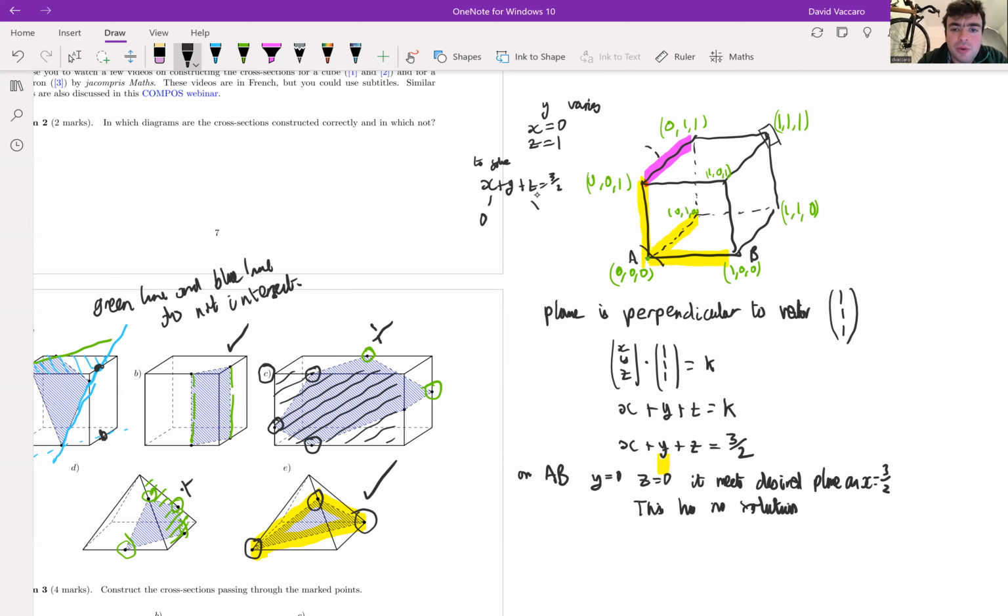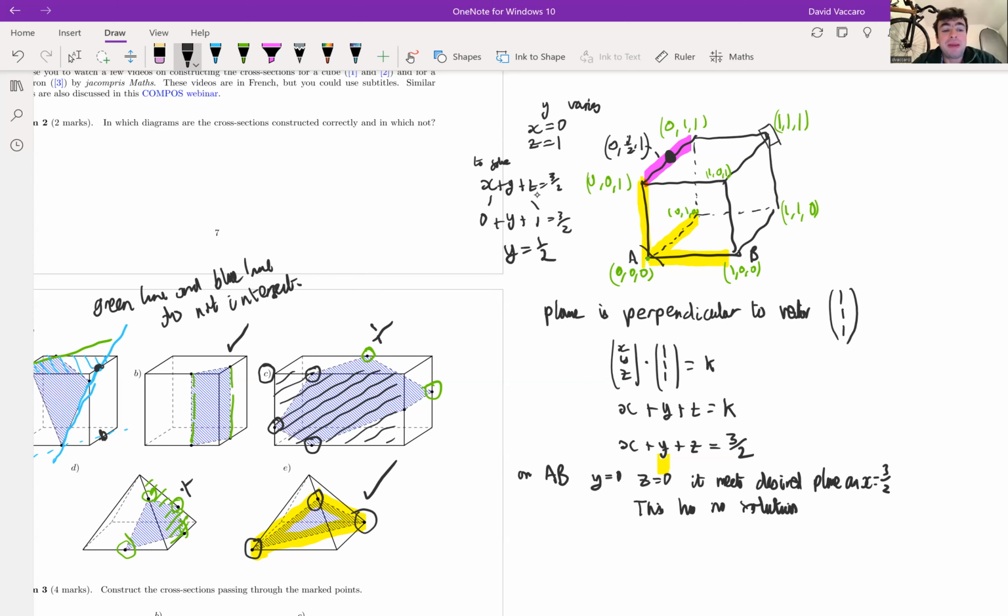With x 0 and z 1, we get that y is equal to 1/2. So our desired plane meets this edge here at the midpoint. Okay. Now, its coordinates are 0, 1/2, 1.